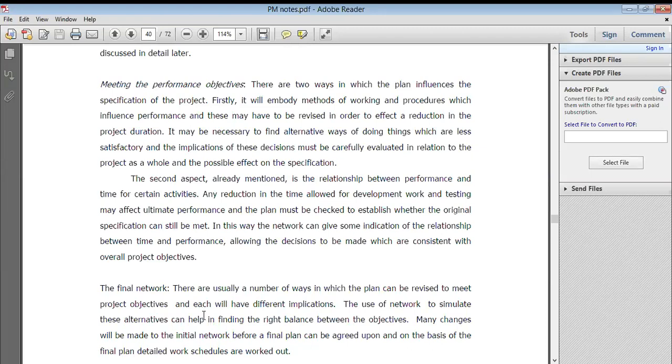Now the second aspect, the relationship between performance, time and certain activities. If A completes their work and B depends on it, it means A performed very well, that's why B performs very well. If B performs very well, it means A and B performed very well, so C performs very well. So that is the relationship; it depends on performance. If A did not do good work and B started, obviously B's performance will go down, because A did not submit quality of work. Got it? So it depends.